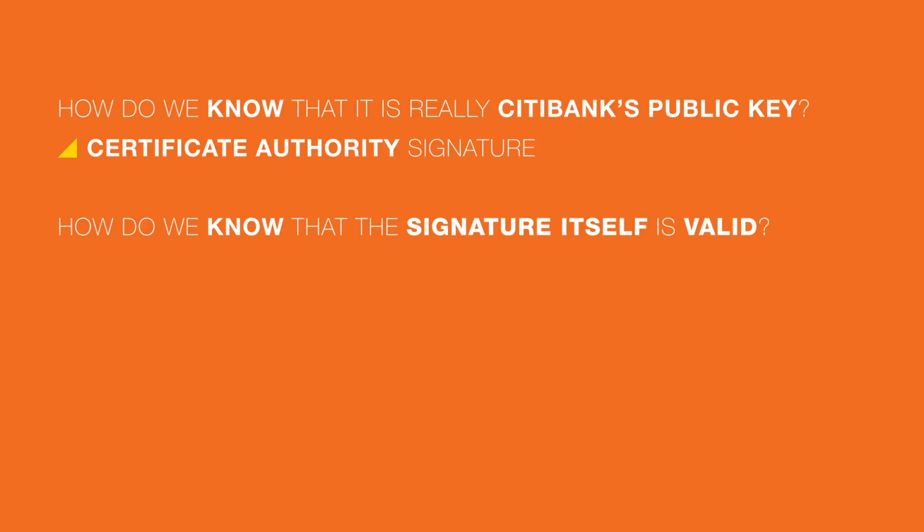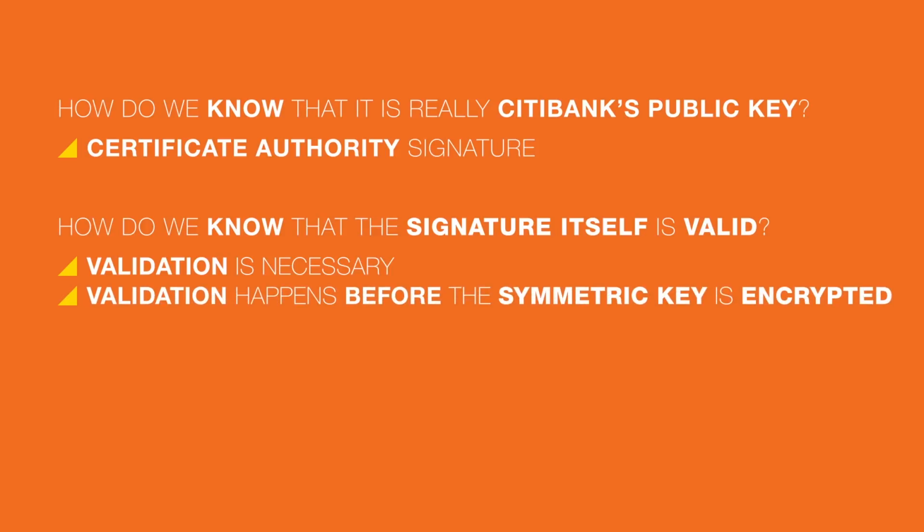If we can validate that the CA is really the CA, and really did sign the certificate, we can feel safe and secure that the public key of Citibank really is the public key of Citibank. Of course, all this validation happens before the symmetric key is encrypted by the browser with the public key of Citibank.